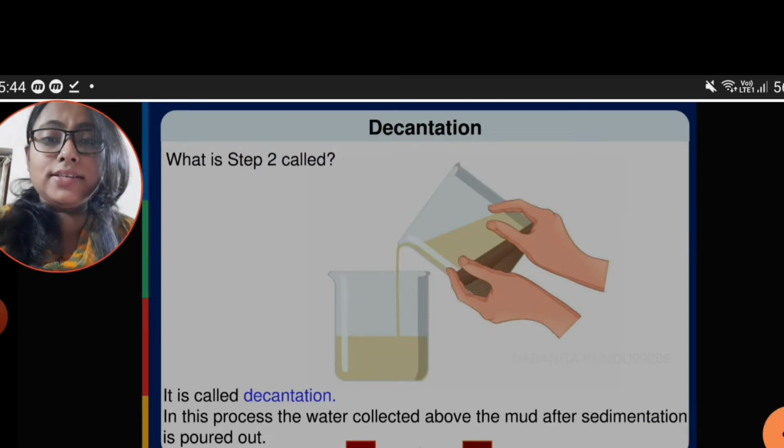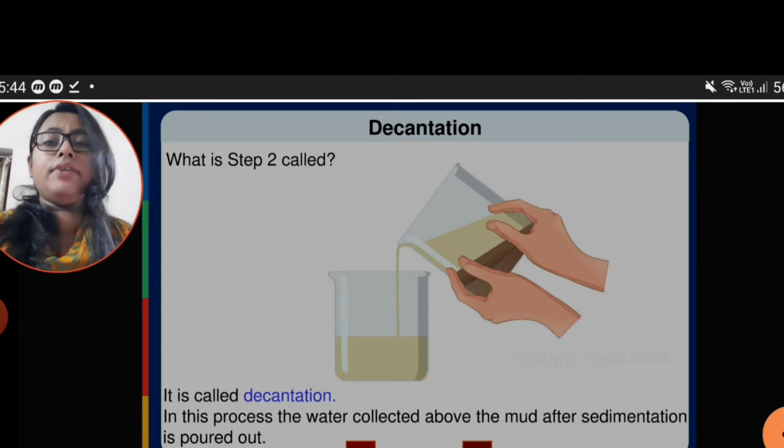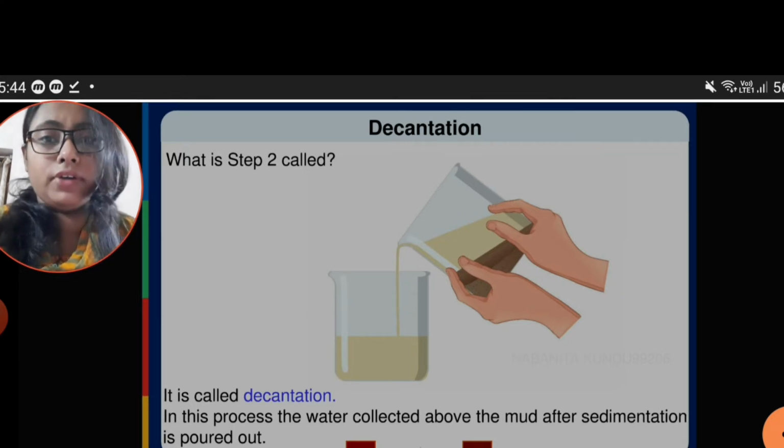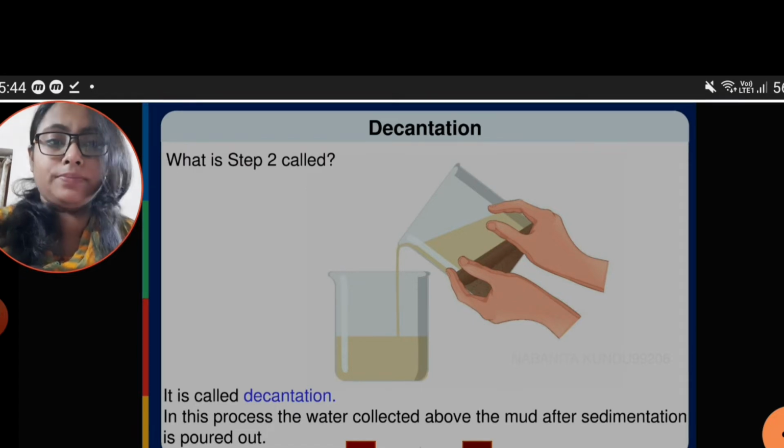Now what is step 2? It is known as decantation. That means we separate the upper layer of the water into another beaker. The muddy water we are collecting into another beaker or pot is known as decantation.